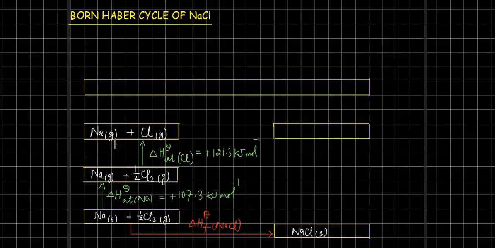So the next step is we have to convert gaseous sodium to sodium ion, and obviously it will be an endothermic process. So on the energy level diagram, it will go up. Sodium is becoming sodium ion in its gaseous state.